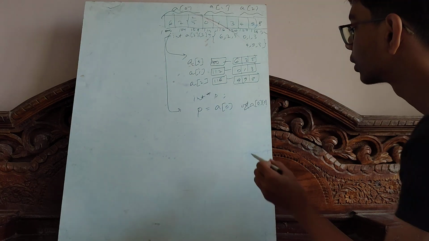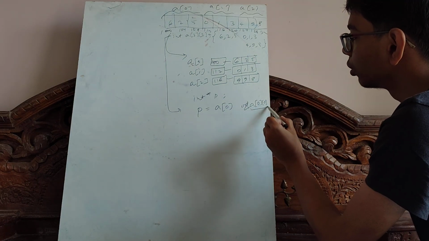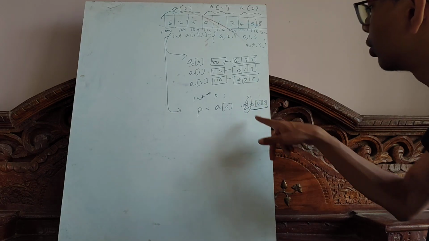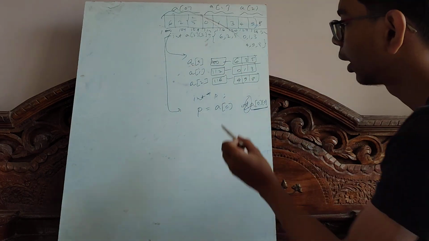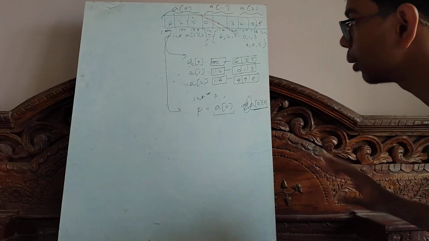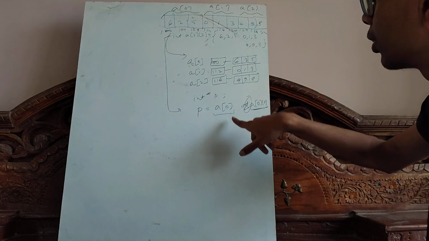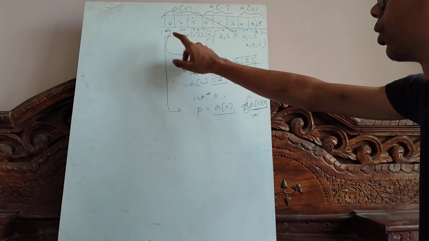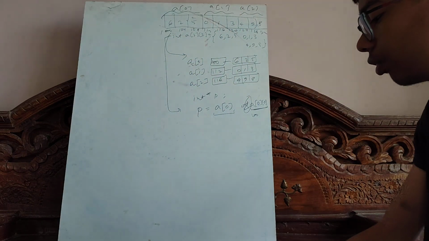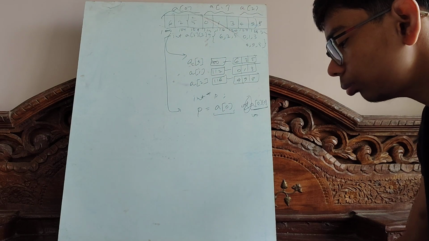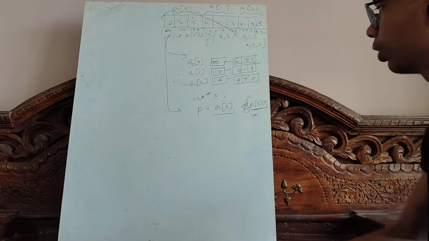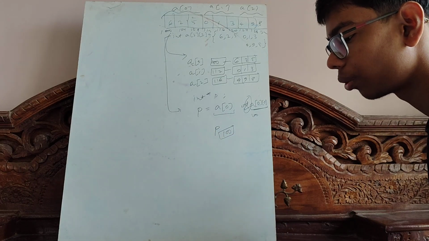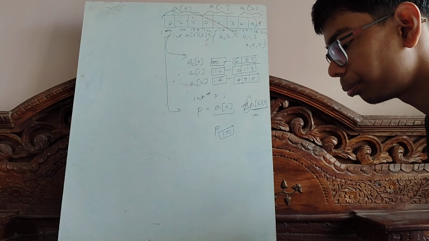Why? Because a of 0, 0 will give me an element, and by writing ampersand it will give me the address of that element. And here a of 0 is the name of the first array. That's why it will give me the base address 100 of the first element of that array, right? So in p, 100 will be stored.